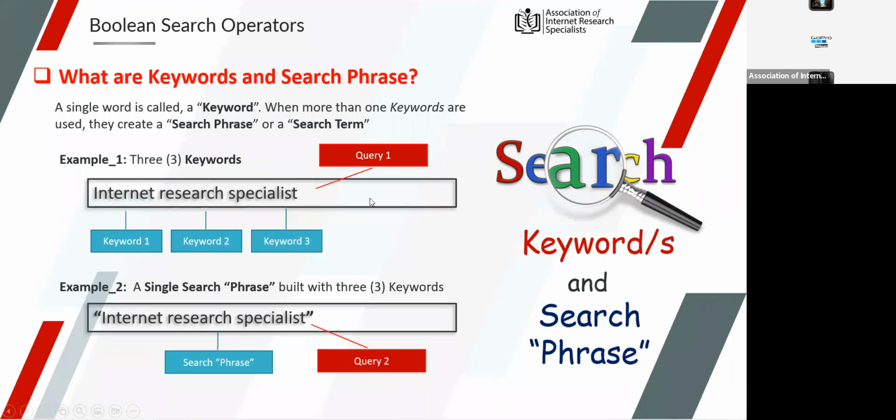So let's suppose in this search box in query 1, we've got 3 words: internet research and specialist. And you could see none of these are placed inside of the quotation marks. They are set one next to another.